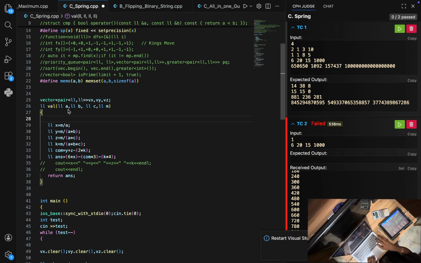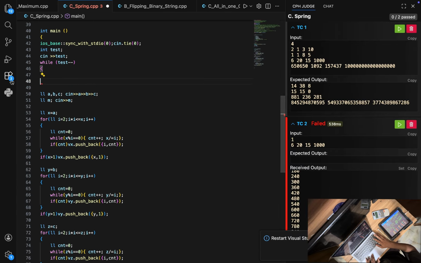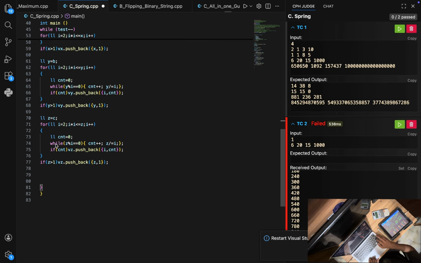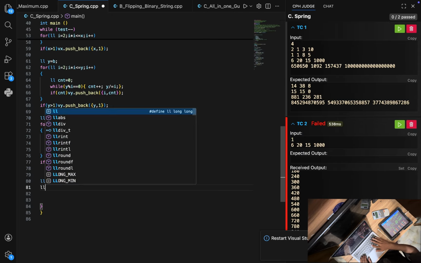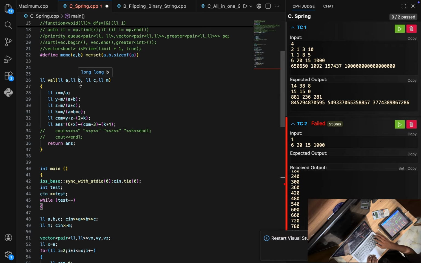So I don't need to make them global actually. Fix variable, yeah. So long long a equal to a, long long b equal to a into b, combination of a into b.